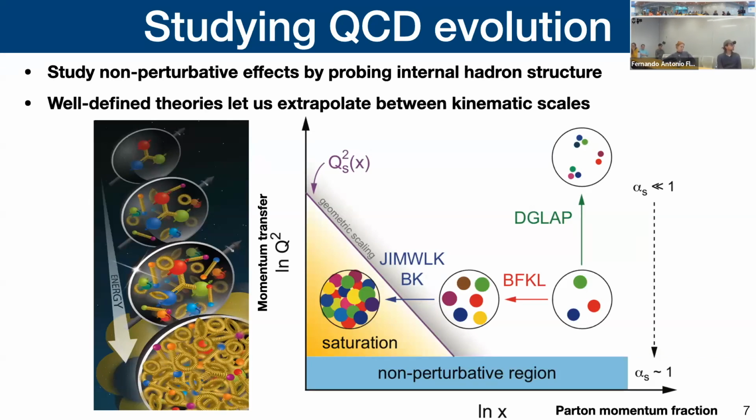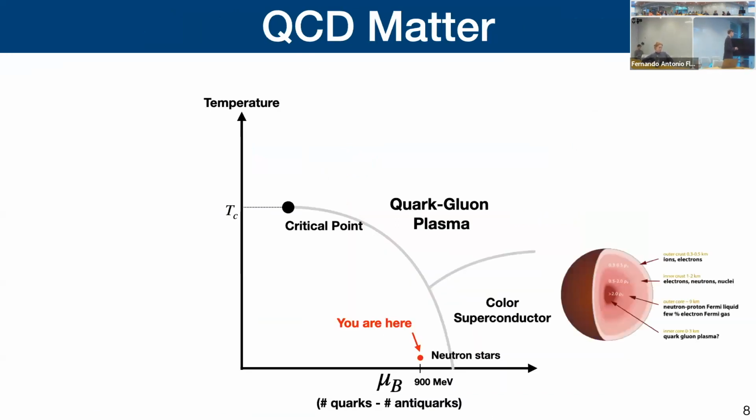There's also another way of studying how QCD works, and this is by looking at the phase diagram of matter made out of quarks and gluons, known as QCD matter. So for the nuclei inside of us, we are at a relatively low temperature.